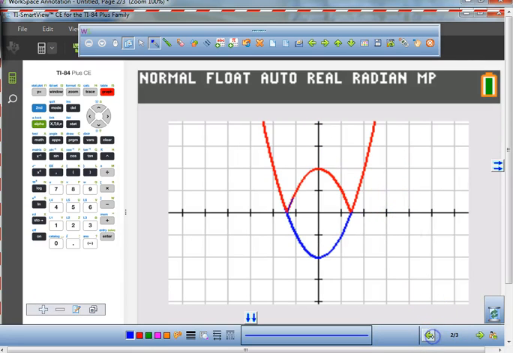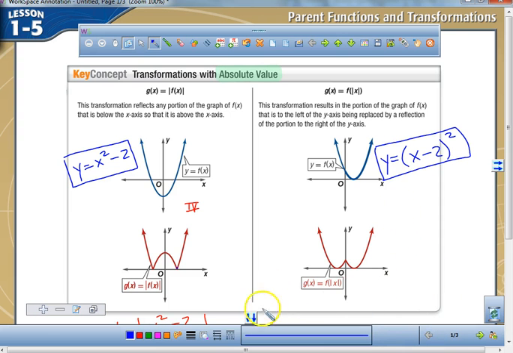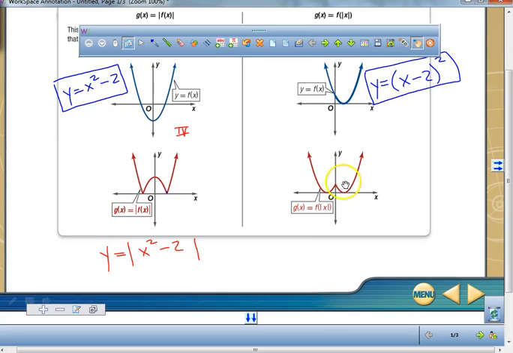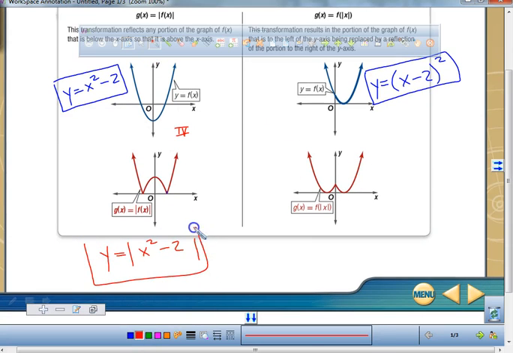Now I'm going to go back to our page right here, because I didn't write down the function that goes with this. So this is your one that we just did. Now, this one's going to be a little bit trickier. Okay, y equals, open up a parentheses, just like we open up parentheses here. Except this time, don't put absolute value around everything.